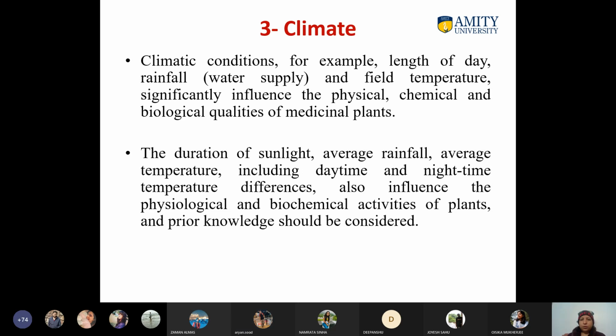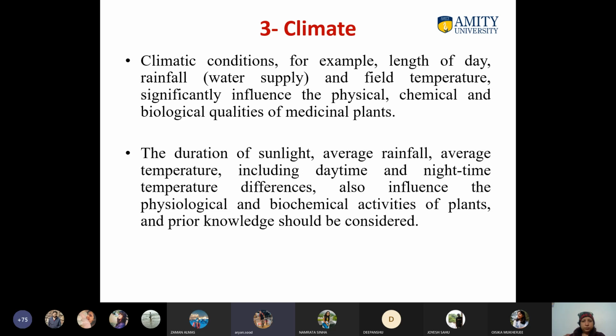Yes, ma'am. Okay, just read this, climate. Climate conditions, for example, length of day, rainfall, water supply, and field temperature significantly influence the physical, chemical, and biological qualities of medicinal plants.